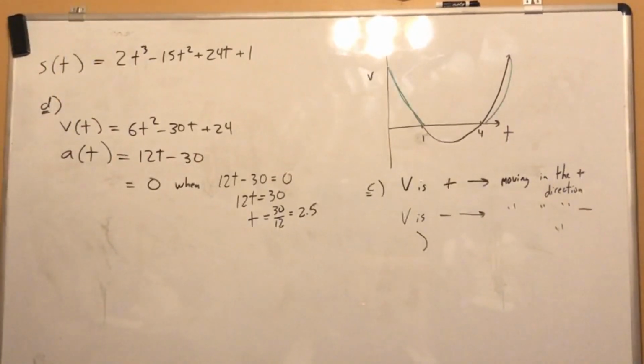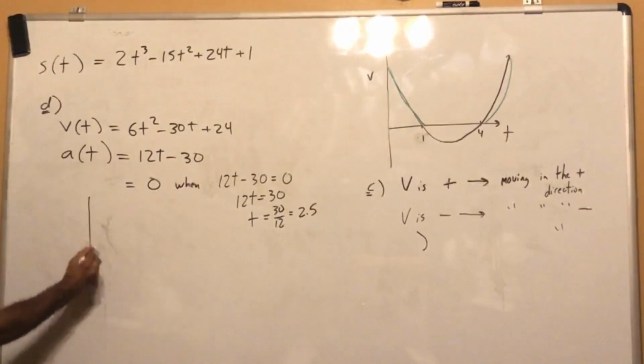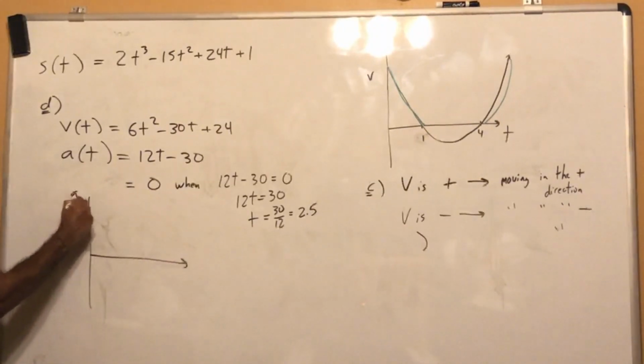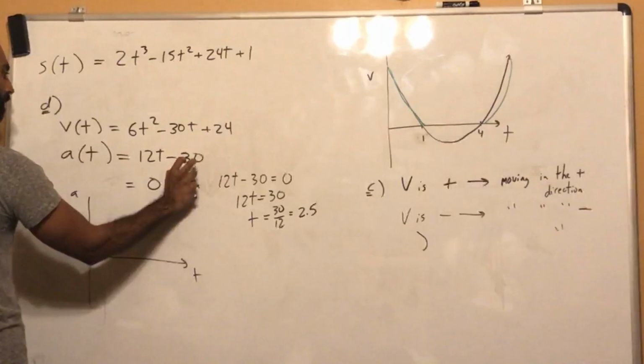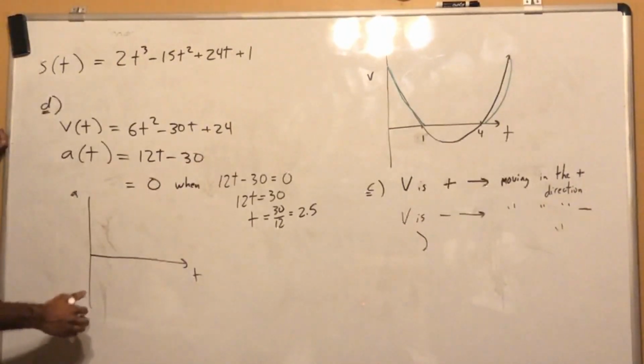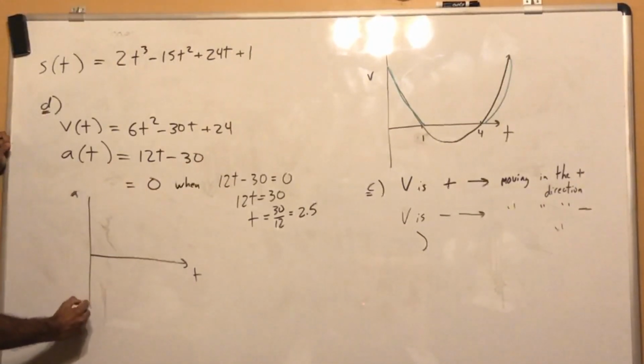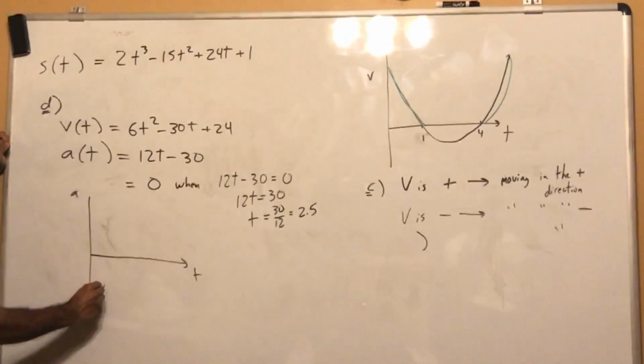If you want, we can get a nice graph for that. There's my acceleration on the vertical axis, t on the horizontal axis. What does 12t minus 30 look like? The y-intercept starts at negative 30, and it has a positive slope and hits the t-axis at 2.5.